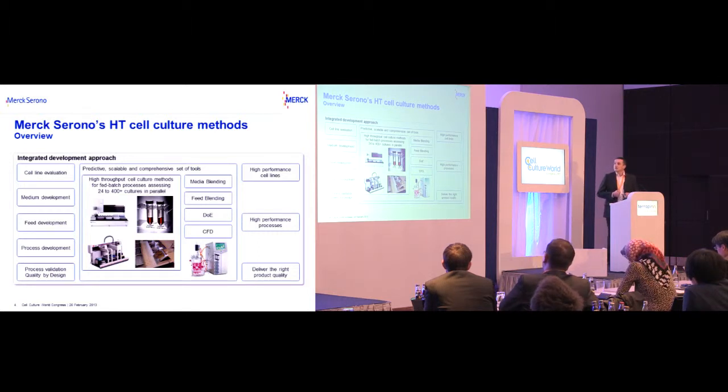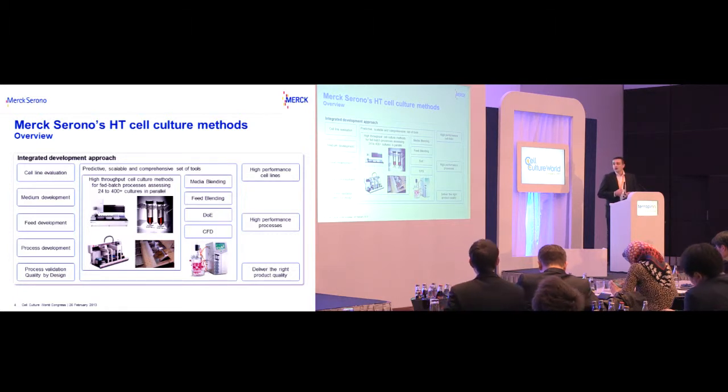So for this, at the different steps of process development, from cell line generation, evaluation, through medium development, feed development, process development, and also process validation using QbD, quality by design, we have implemented a set of tools of culture methods to improve our development, to get the maximum knowledge about our processes.